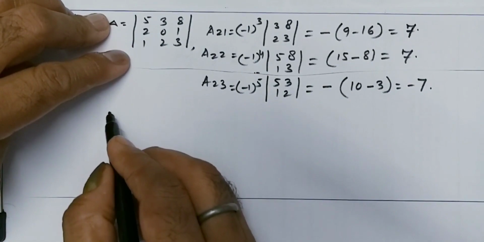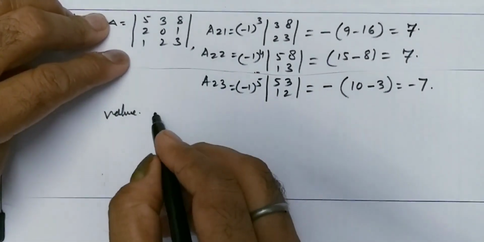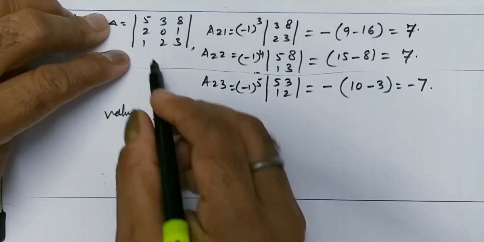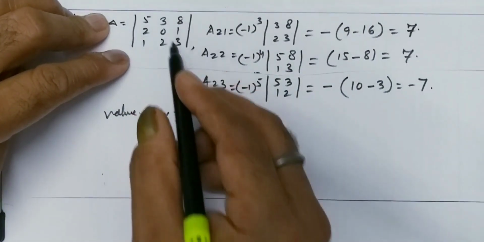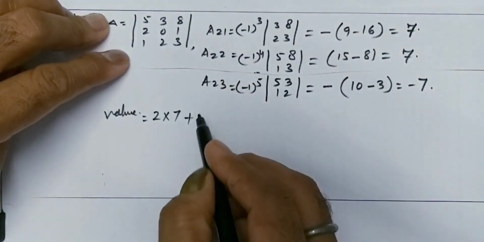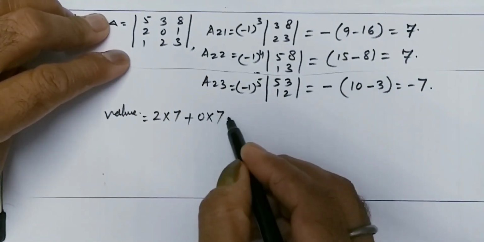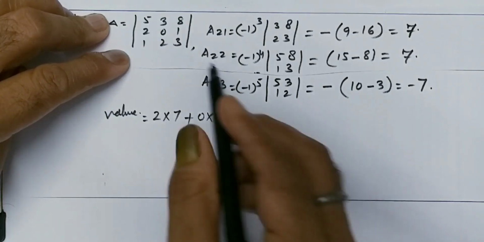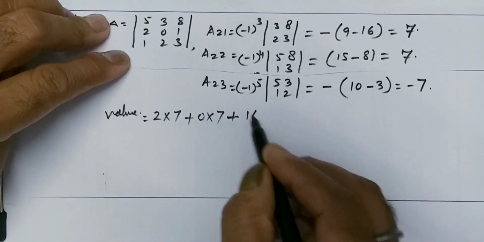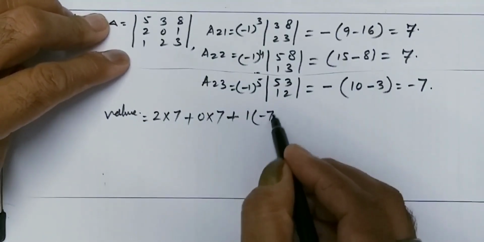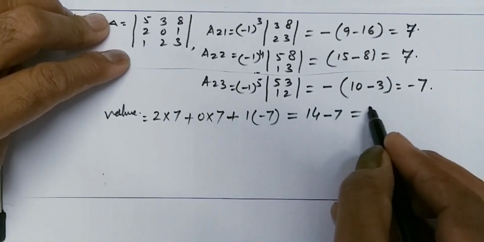So now the value of this determinant along R2 is 3 times its cofactor 21, that is 7, and then plus 0 into the cofactor of 22, which is 7, and last this is minus 7, so I am writing here plus 1 into its cofactor, minus 7, which is equal to 14 minus 7, equal to 7.